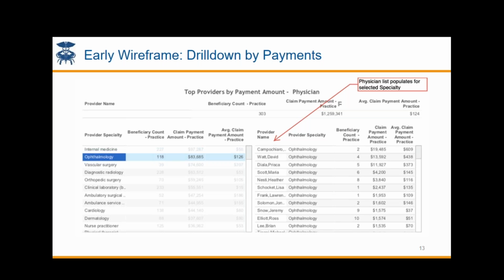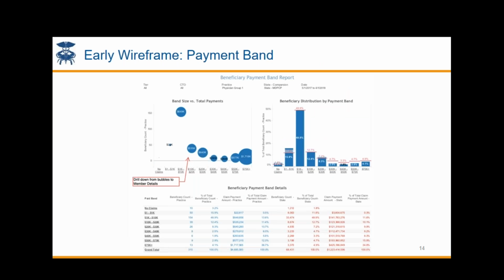Once you've got that one highlighted to the right, that data will also update for the data within that specialty. So that'll include things like the provider's name, the provider specialty, the beneficiary count, and also claim payment amount and the average claim payment amount. So again, as much as we can, our goal is to try to make things drillable so that you can have the data be the most actionable for the practice. Okay, next slide.